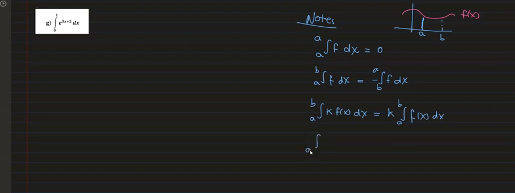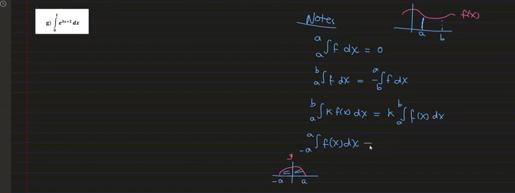Finally, if we are integrating from a to b and for f of x dx, you remember the even and odd function? If we have an even function, we said that we will have the same shape around the y-axis, right? If we are integrating from, let's say, negative a to a, and this function is even, so what's here, it's the same there.